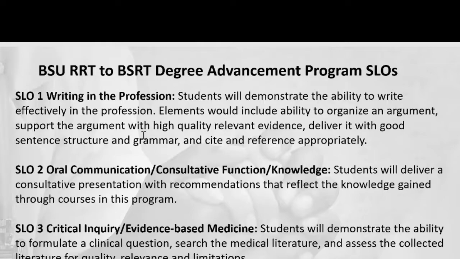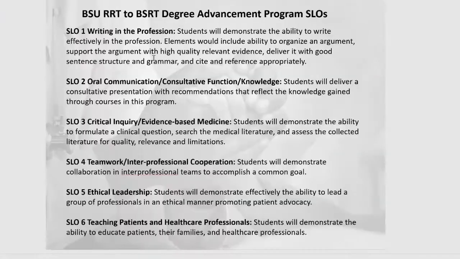Regardless of what your advancement track looks like, you're going to need to be able to write. Whether you plan on publishing down the road or not is irrelevant. You need to be able to write professionally, and you need to know how to cite and reference the material that you're using in your writing as you start to advance in your careers.